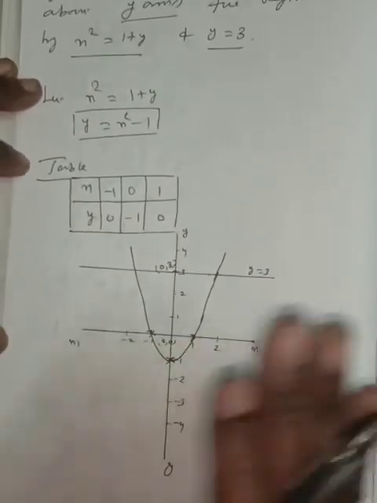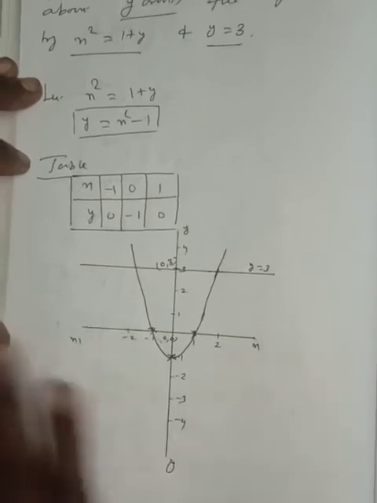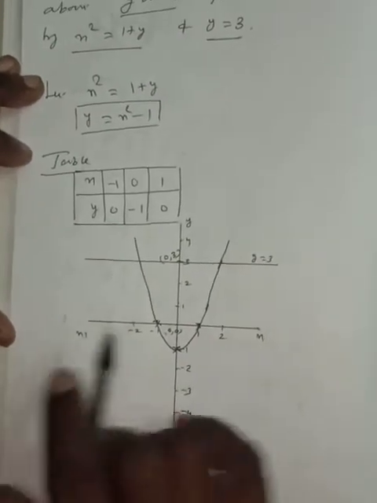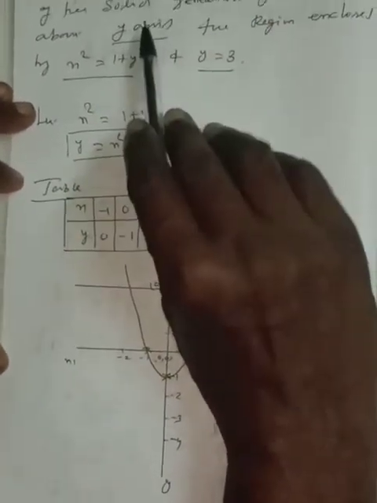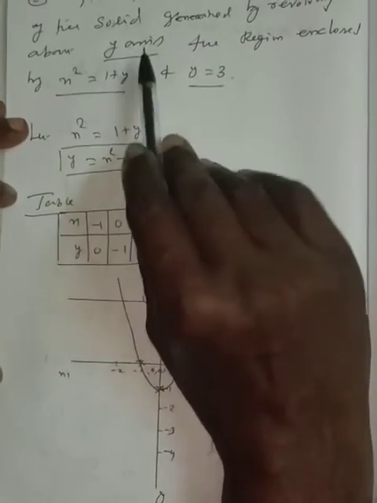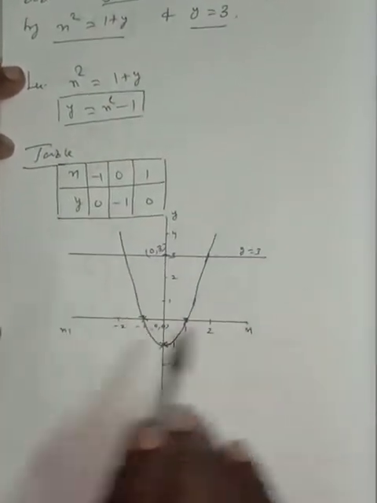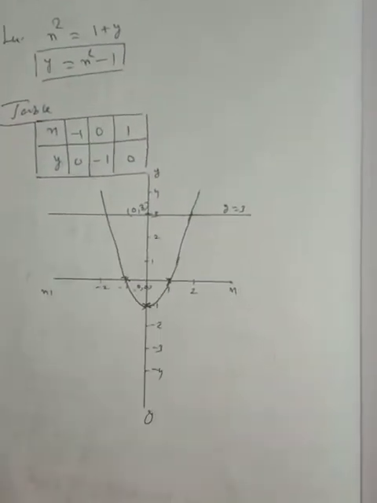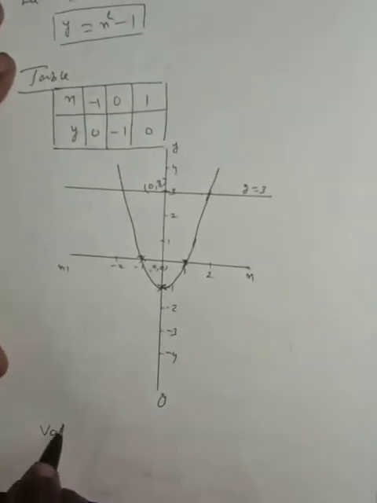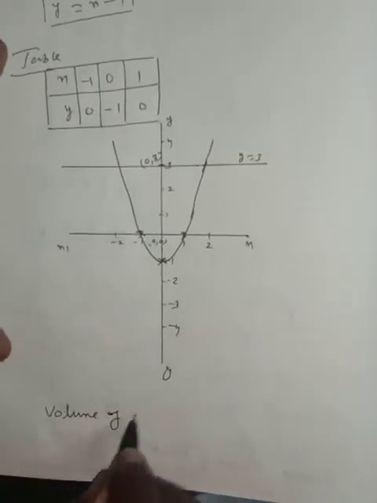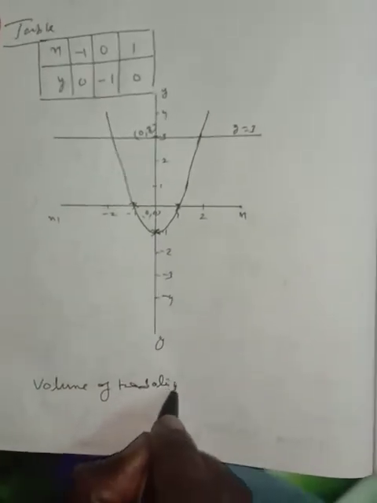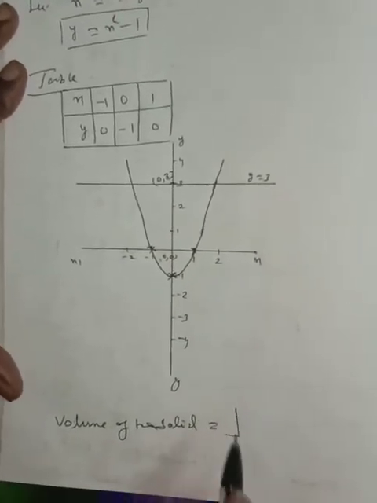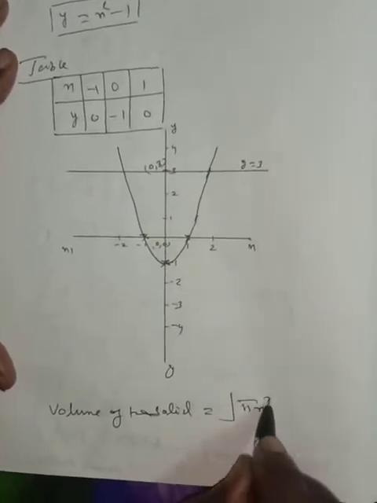This curve is rotating about which axis? Y axis. Rotating about the y axis. Therefore, the solid generated by revolving about the y axis, the region enclosed by this. So the formula, rotating about the y axis, volume of the solid is equal to pi x square dy.